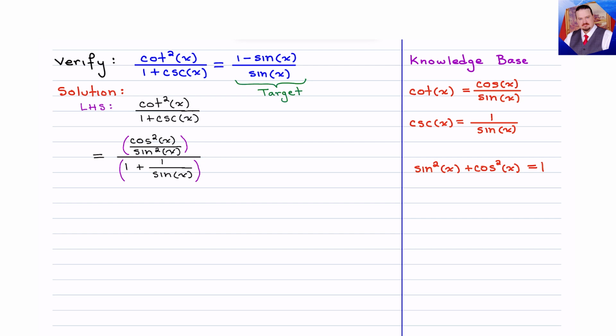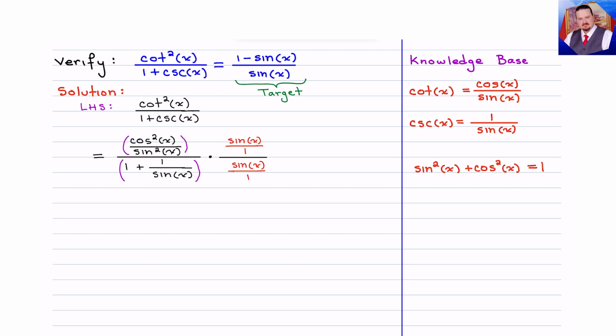Now, the simplest way to handle this, since it's a complex fraction, is to multiply it by the number 1, which is anything over itself. This is called clearing the fractions. What I'm going to choose for the number 1 is sine over sine, but I'm going to write it like this: sine x over 1 over itself. Anything over itself is 1.